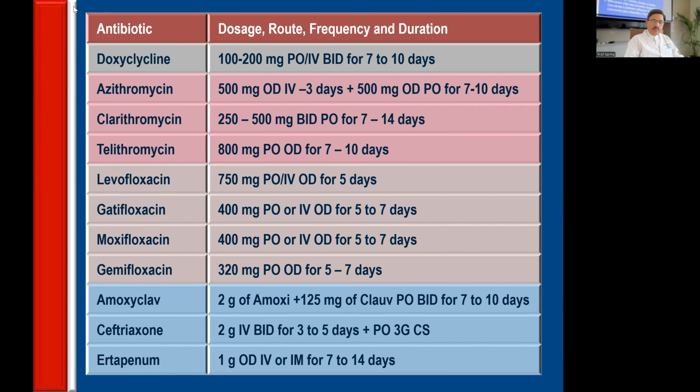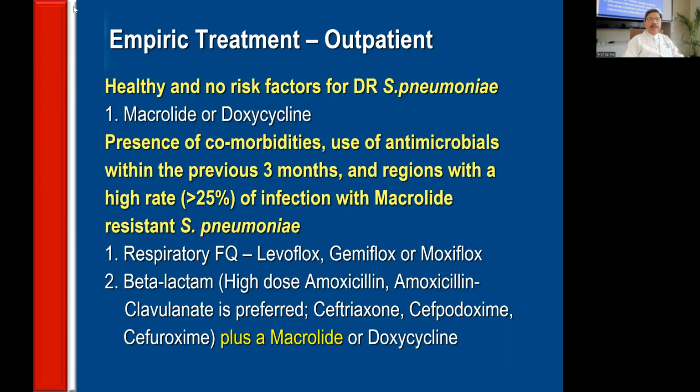That is why the treatment duration is long. Okay. Now, what is my empiric antibiotic treatment? Empiric means without any culture result, without depending on any bacteriology. A patient is healthy, he has no risk factors, his PORT score is zero, his CURB score is zero, and there are no factors for drug resistant Streptococcus pneumoniae.